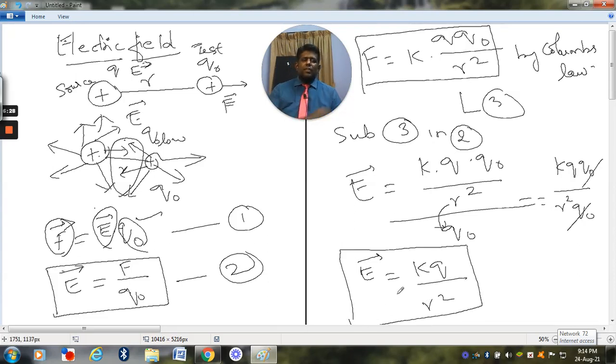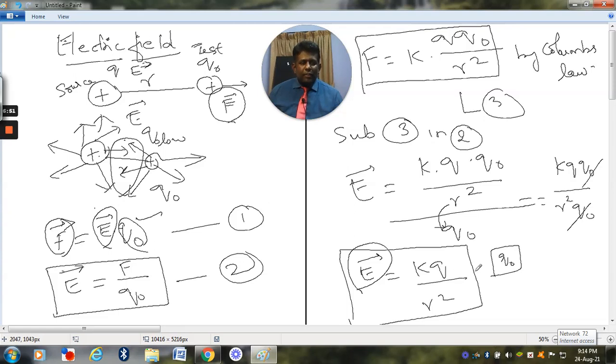From the formula itself, we can identify that we are bringing this test charge near the source charge. Therefore, a force has been created. But in identifying the electric field, there is no Q naught. Because of that Q naught only, there was a force exerted on it, and we are going to calculate the electric field based on that.